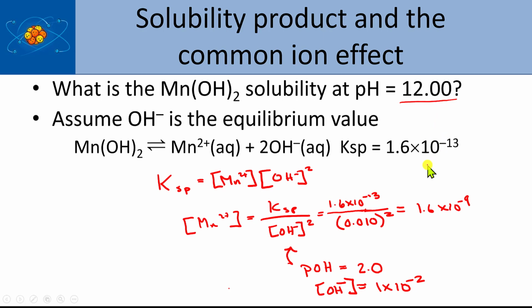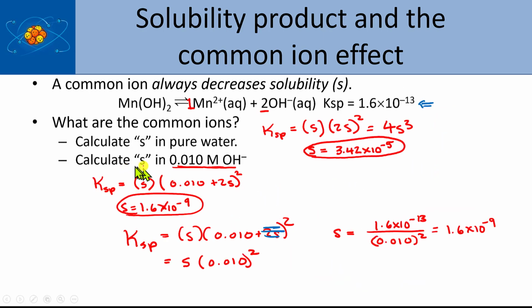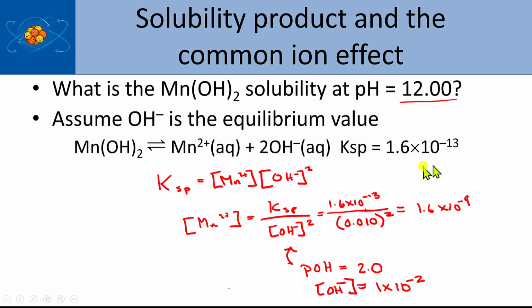But because the molar solubility is typically really small, the numbers for this problem and for this problem are essentially the same. And so that's why we ended up getting the same answer for the concentration of manganese. And manganese is S. It's related in the ICE table. This would be S, the molar solubility of the compound.